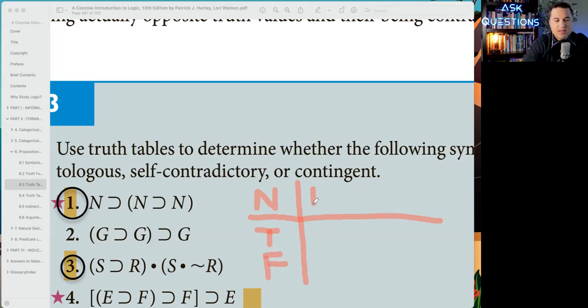And then here's the statement. In row 1, we can number these if we like. You don't have to. Sometimes I like to. In row 1, n is true. So if it's true here, it has to be true everywhere it appears in this row or line.